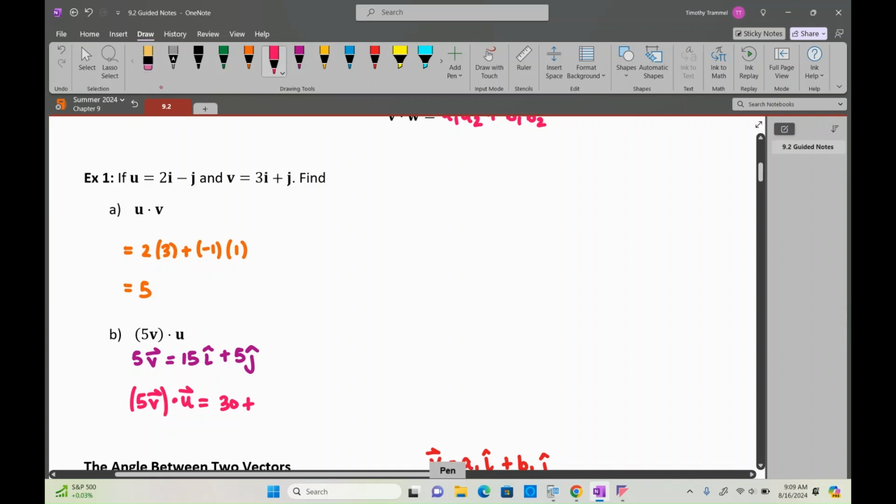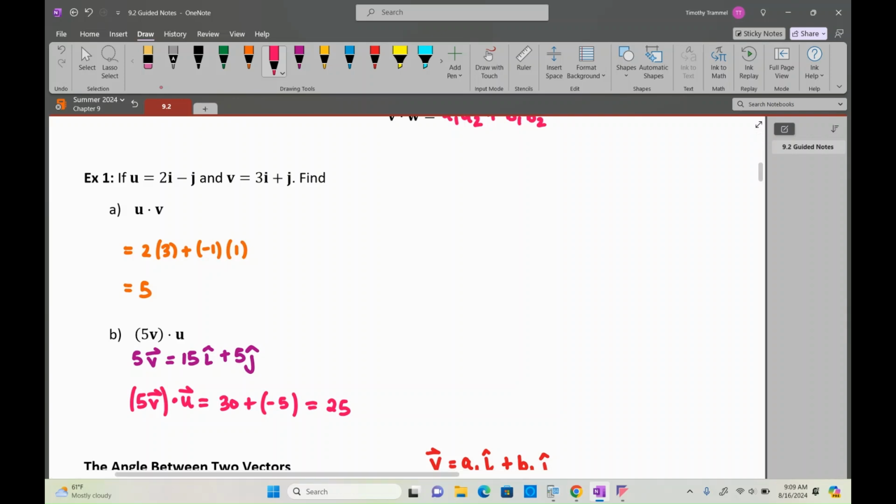And then let's look at the vertical components. So we have a 5 and a -1. So that's actually going to give us a -5. And that's going to simplify to 25 there. All right, so there's a couple examples just computing our dot product.